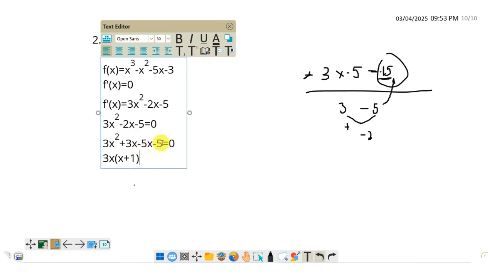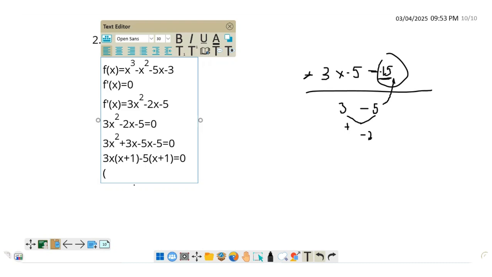What is the common factor? It's 5. Taking 5 out, I remain with x plus 1 as well, equals 0. Now these factors are the same, so I take this one out as a common factor, because it is here and it is also there.